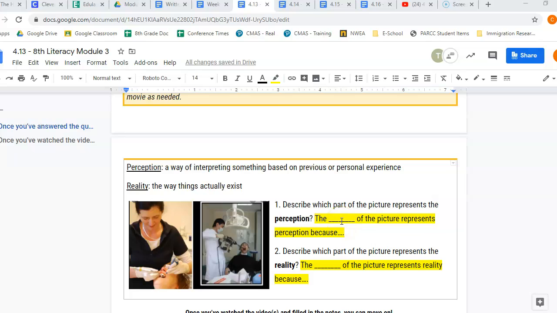Tell me which side is perception and why. About 10 more seconds to fill in your initial thoughts there.